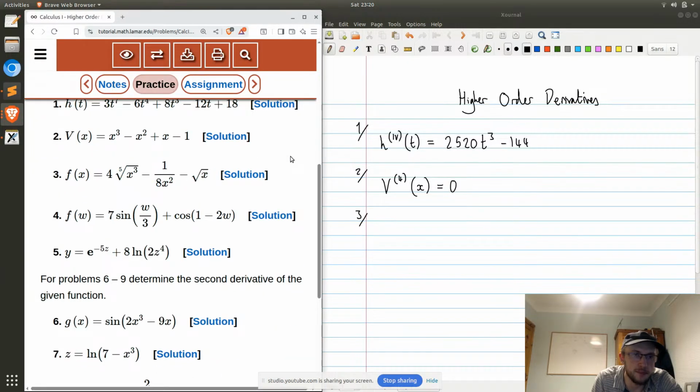Now for the third one, let's take care and actually differentiate step by step. So this is 4x to the 3/5.